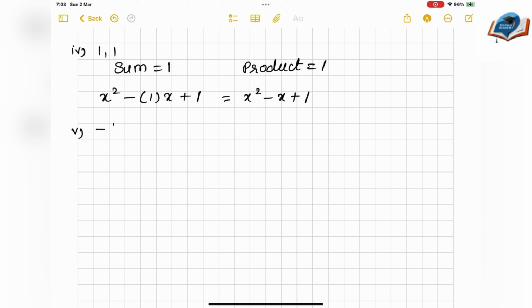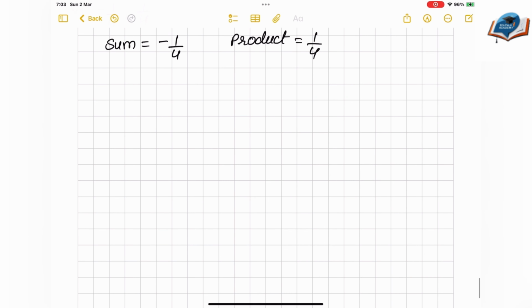Then fifth one, minus 1 by 4, 1 by 4. So sum is minus 1 by 4, product is 1 by 4. So equation will be x square minus sum. So minus 1 by 4 x plus 1 by 4.